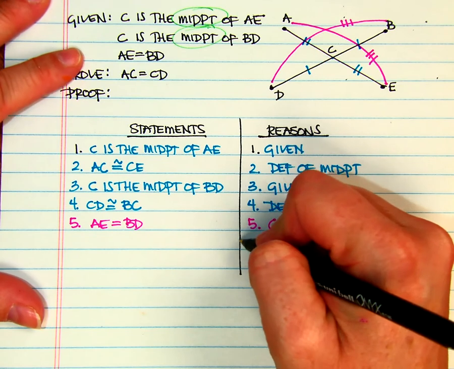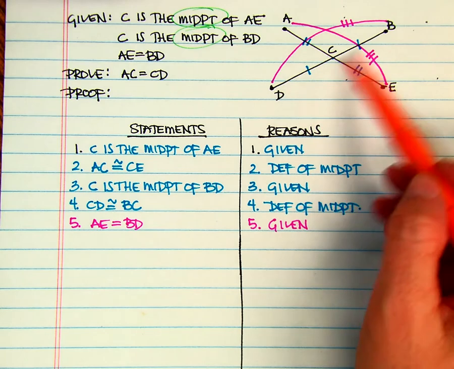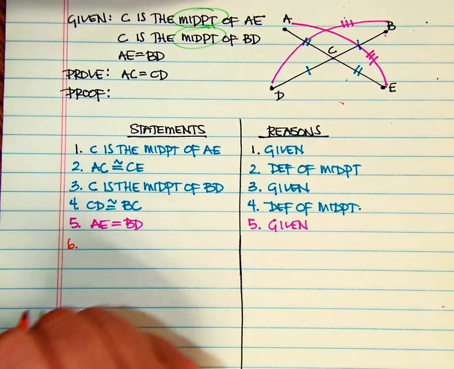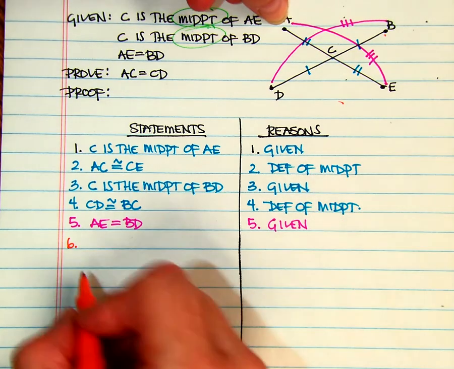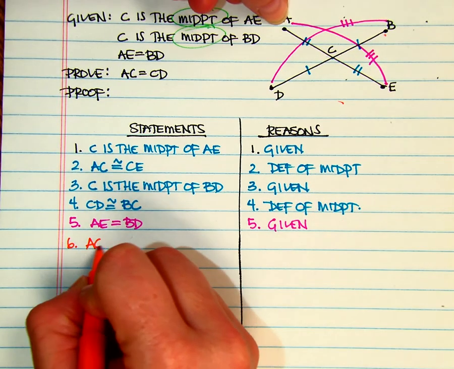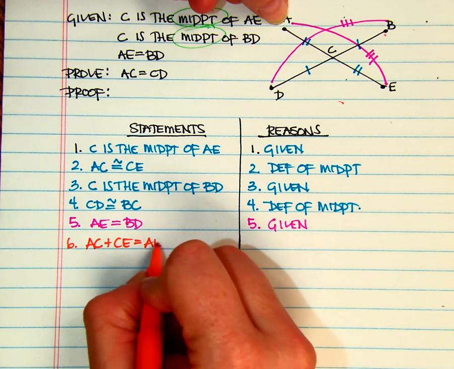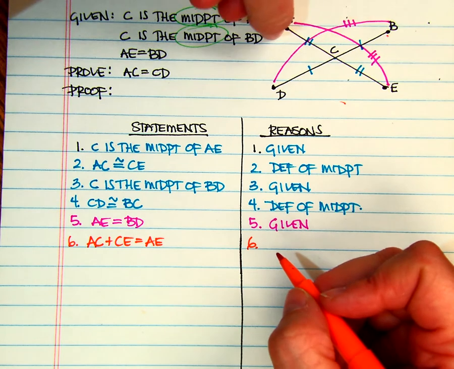Okay, so now we're going to build on that. Like I said, 99.9% of the time, if you are dealing with segments, you're probably going to have the segment addition postulate. So the segments I'm looking at are AE. So I know that AC plus CE equals AE. So this piece plus this piece equals the whole piece.